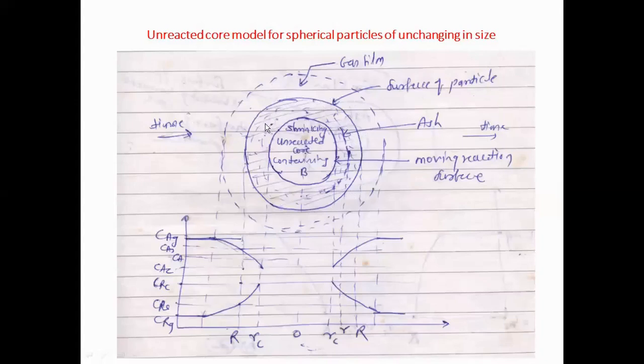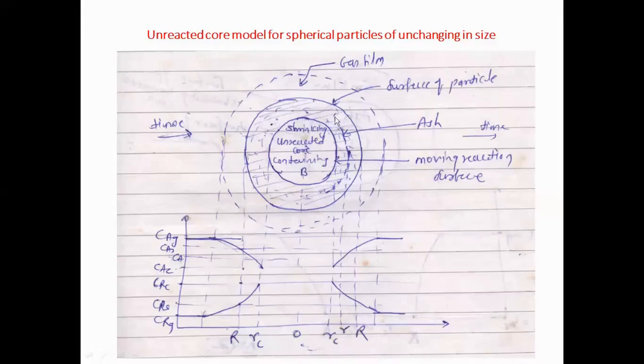When fluid reacts on the surface, some product is formed and the solid is converted into the product, and some impurities are there, and because of these, an ash layer is formed on the surface of the solid.